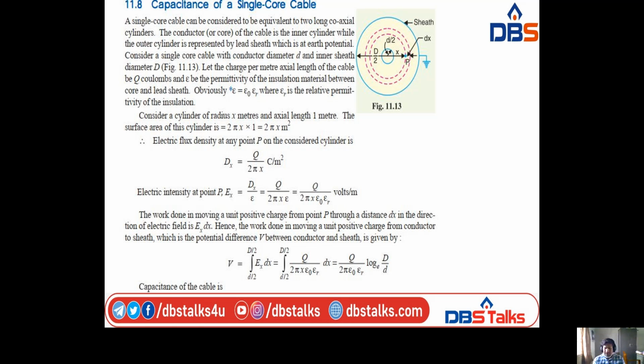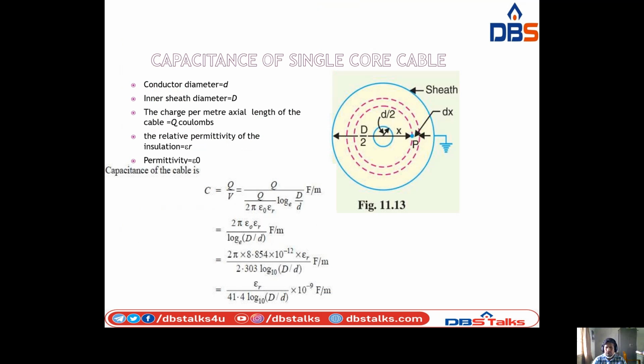We know the V. So therefore, C is equal to Q by V. That is equal to Q by 2 pi epsilon naught log capital D by small d. So this 2 pi epsilon naught will go to the numerator, that is 2 pi epsilon naught epsilon r over log capital D by small d farad per meter, right?